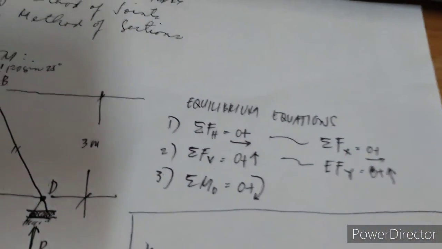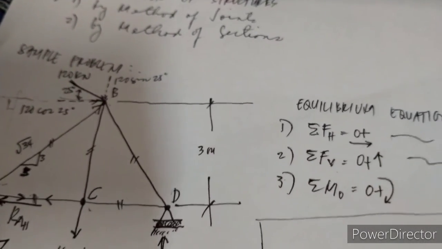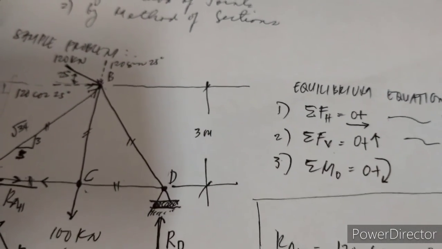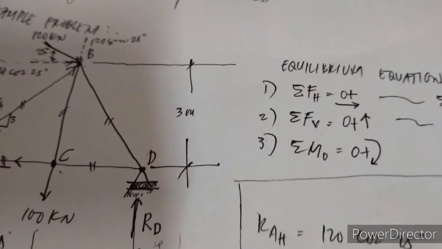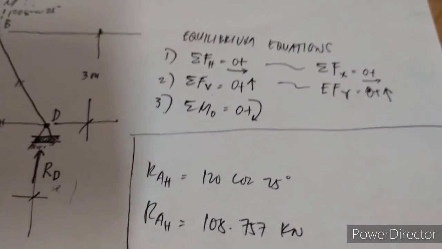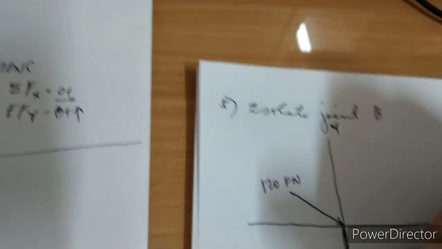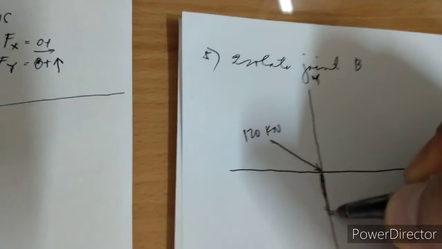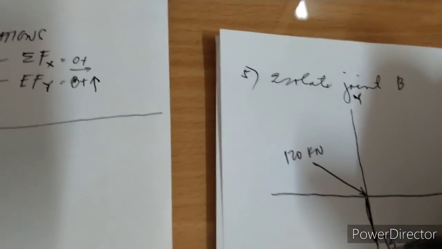Then we have BC. Let's assume that BC is in tension. This is just an assumption anyway.